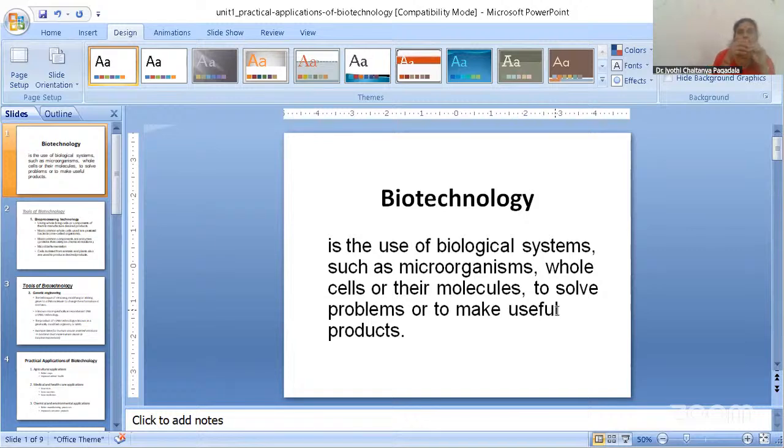Molecular biologists have utilized this biological mechanism to improve crops. The genes that cause the galls are removed and replaced with genes coding for desirable traits.